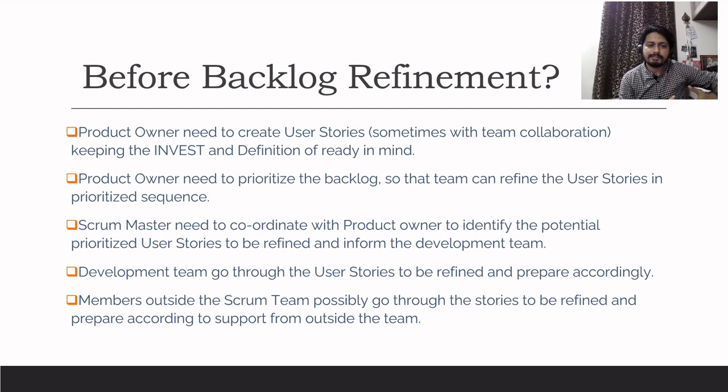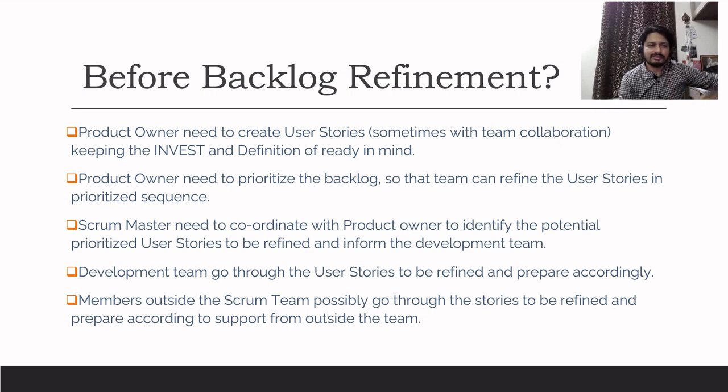Based on their available bandwidth, the team can go through these user stories before coming into the meeting, which gives them the opportunity to prepare accordingly. They will have time to think through the requirements, what questions they can ask during the refinement, and what the risks and dependencies can be.